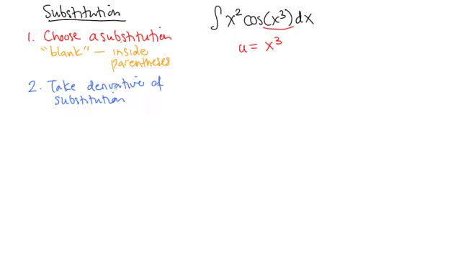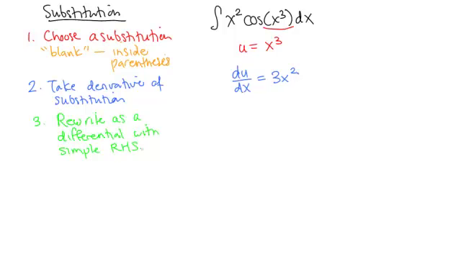Next, we're going to take the derivative of that substitution, which would be the derivative of the blank part in the chain rule. So in this example, we're going to have du dx is equal to 3x squared. The third step is to rewrite this as a differential equation with a simplified right-hand side. What that usually means is it's going to be a two-step process. The first thing we're going to do is multiply both sides of this equation by dx.